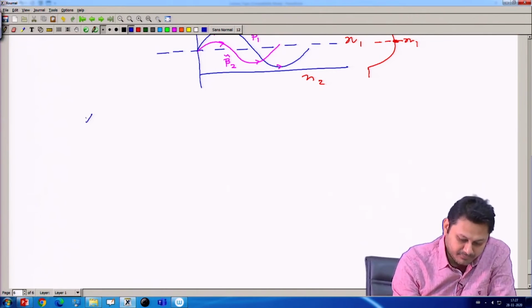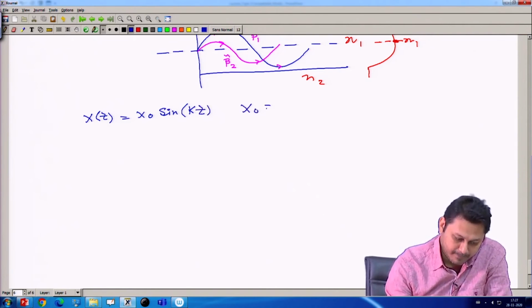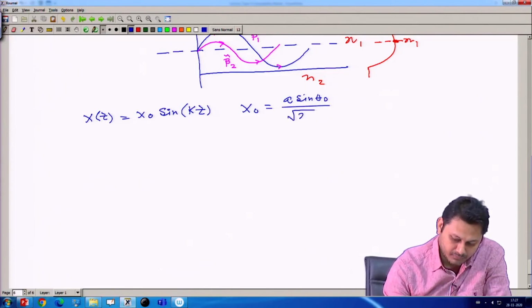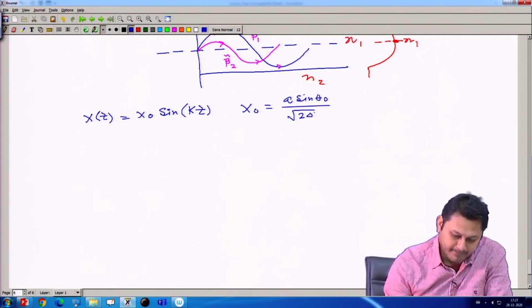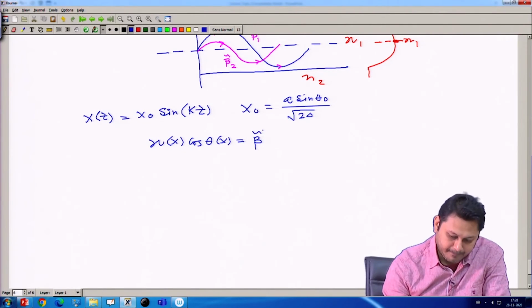So we already have x as a function of z for this case as x0 sine of kz, where x0 is sin theta 0 divided by root over 2 delta. And also we have a restriction that n as a function of x, cos theta as a function of x, is equal to beta tilde.